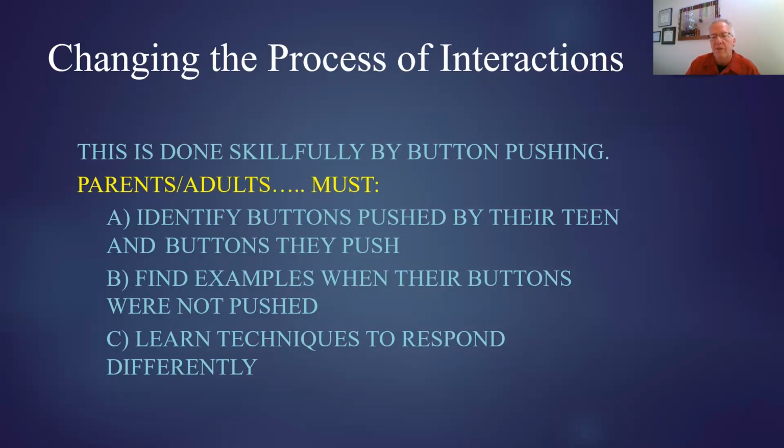And the first part of that is to look at, what are the buttons that I have that my adolescent pushes? Because those buttons are the invitations into an emotional exchange. It's an invitation into me becoming emotional in my interaction with my adolescent.